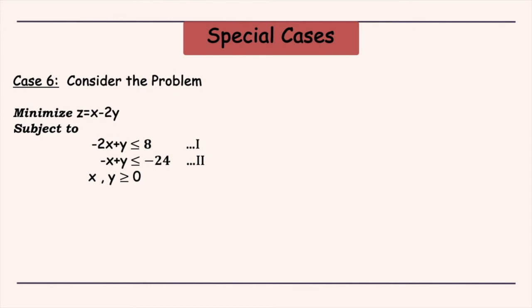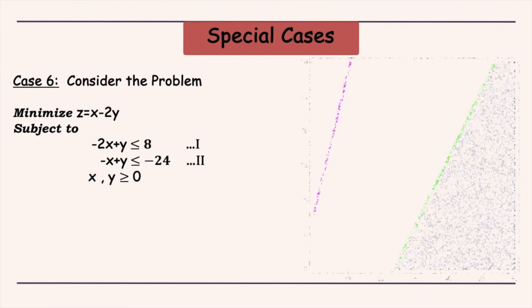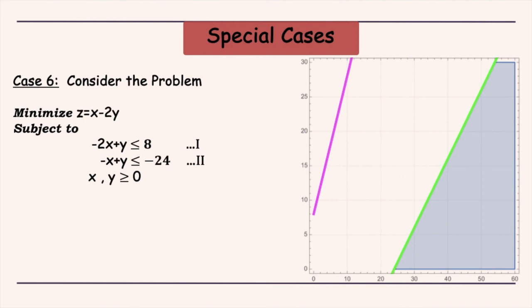Now we consider the next case. In this case, I have taken the same objective function as in the previous case, but I have slightly changed the second constraint. So let's see how the feasible region changes. My first constraint remains the same. The boundary line given by that is this magenta line and the feasible region is in the downward direction.